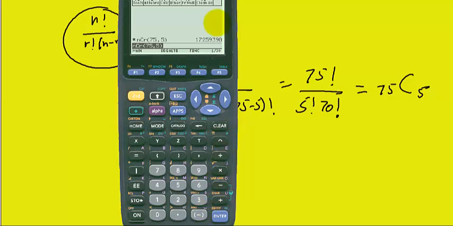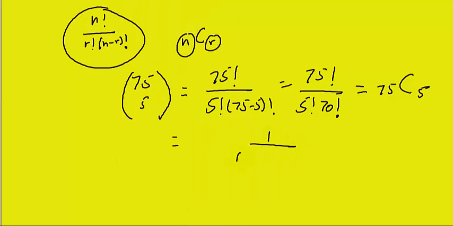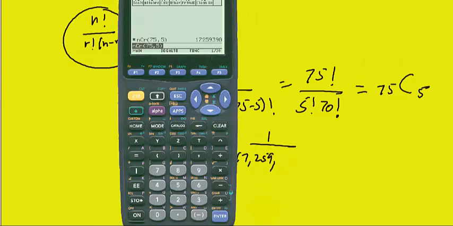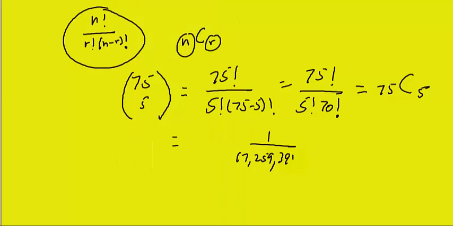What this tells us is how many different ways you can pick 5 numbers out of 75 numbers. That turns out to be 17,259,390. So 1 out of 17,259,390 is the probability of picking the 5 numbers.